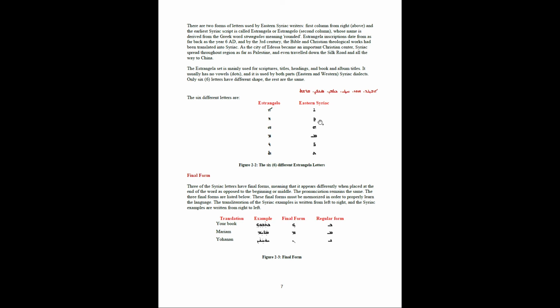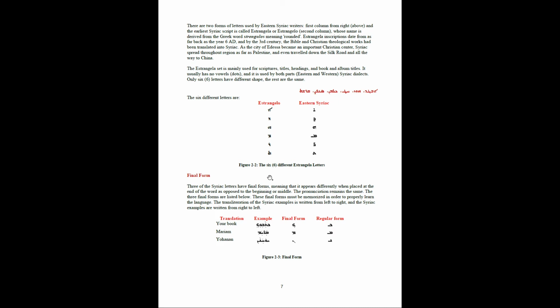These 6 letters are Alep, Daleth, He, Mim, Resh, and Tau. And again, we use Estrangelo or Estrangela in a title, banner, tattoo, to represent a year. It is a very, very good and beautiful font for titles and tattoos.